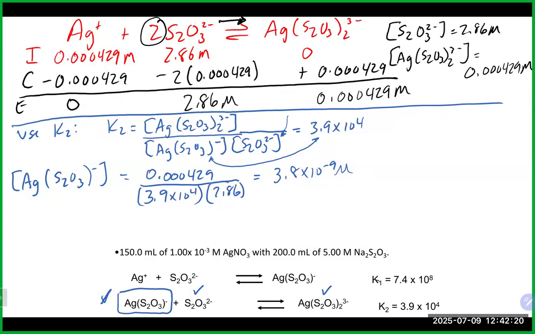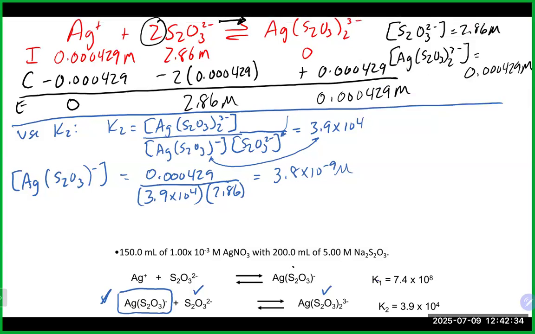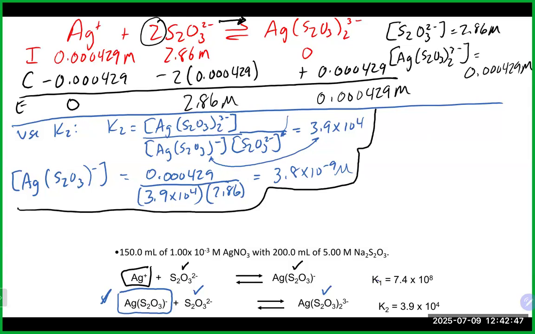Now, once I've gotten sort of that intermediate, I again really have a couple of options, but I'm going to choose now to use K1's reaction, because at this point I now have found this guy and I still have this guy. And that is going to allow me to get to silver at this point. So I could go to that individual reaction, and maybe I'll try to squeeze it in here and see how we do.